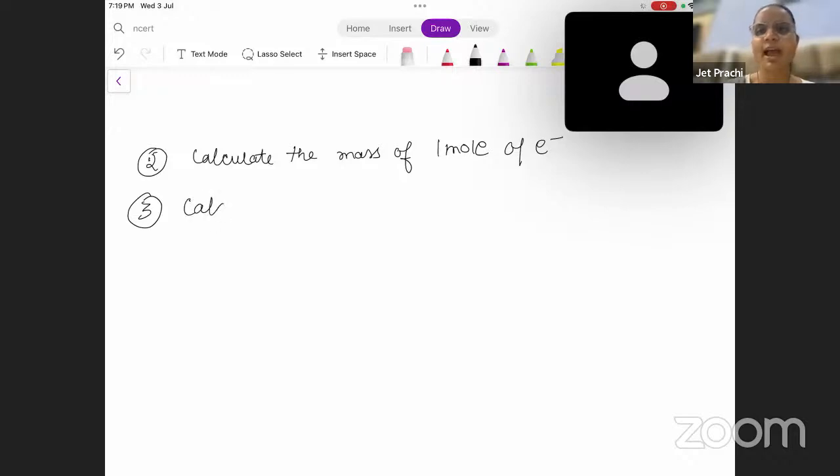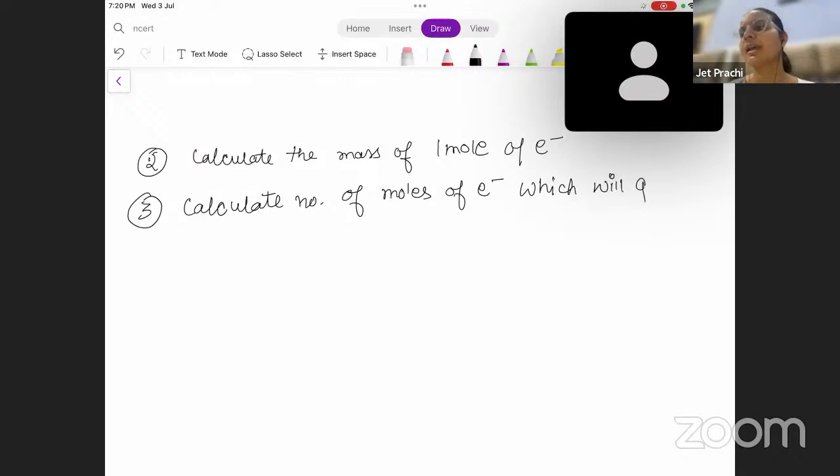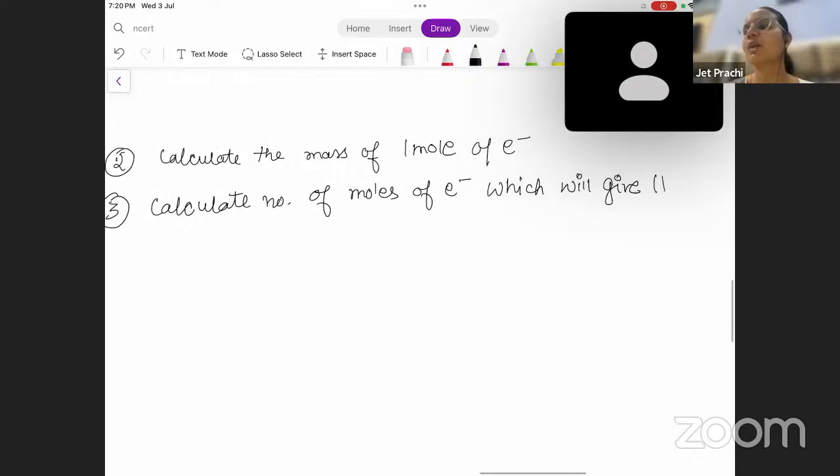In that you have to calculate the number of moles of electrons which will give, or we can say which will be equal to, 1 kg.